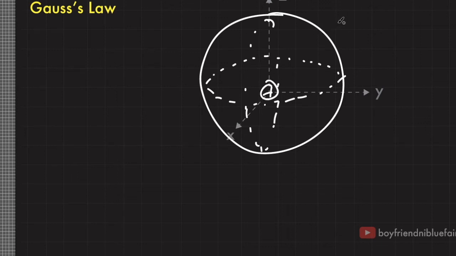Now the surface is at a distance r from the origin. So if we want to calculate the flux passing through this sphere due to this positive charge with a total charge of Q, then we write flux is equal to the integral of E dotted to dA.